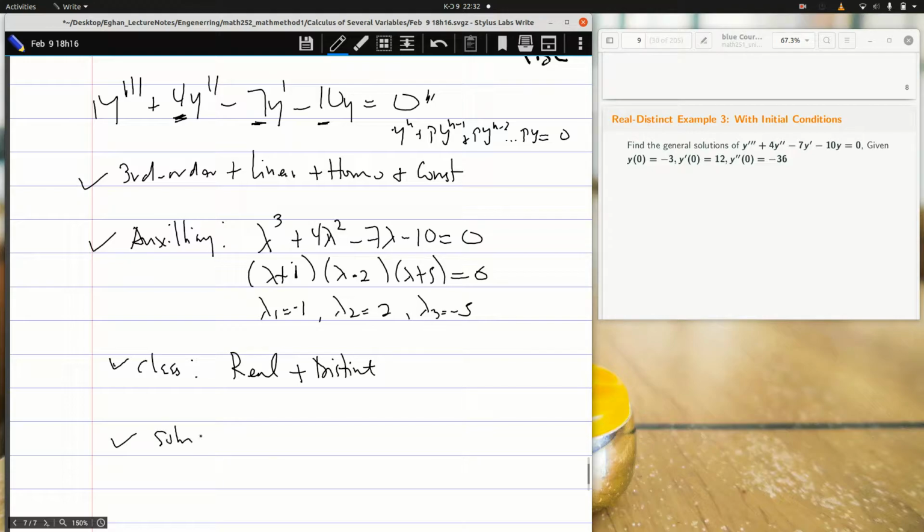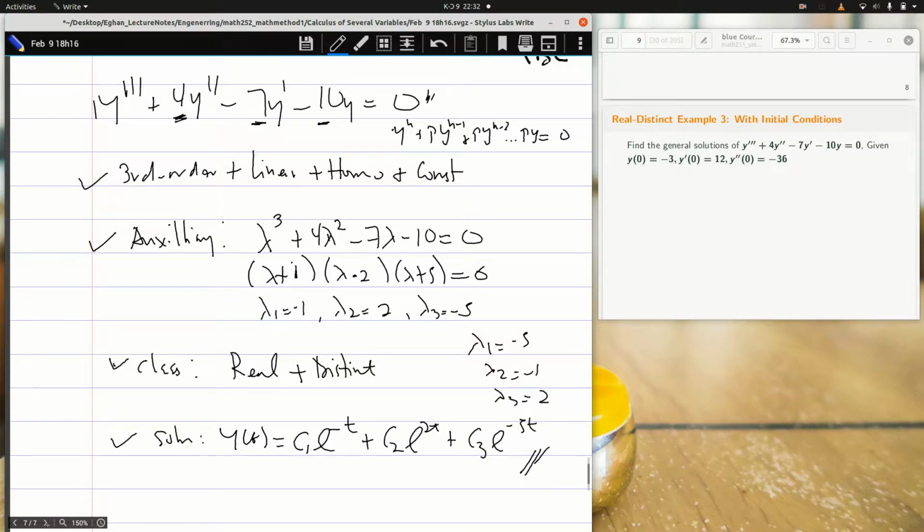It will be y of t is equal to c1 e to the negative t plus c2 e to the 2t plus c3 e to the -5t. Now, I forgot to say in the earlier videos, the position of this root does not really matter. Someone can have lambda 1 to be -5, lambda 2 to be -1, and lambda 3 to be 2. What matters is how you write the solution out. It must go hand in hand.